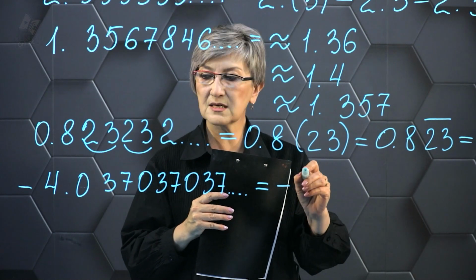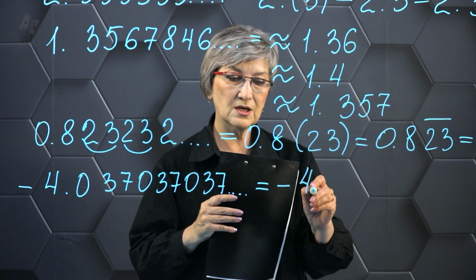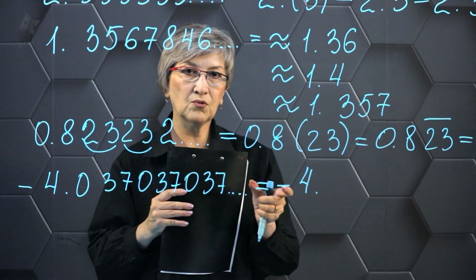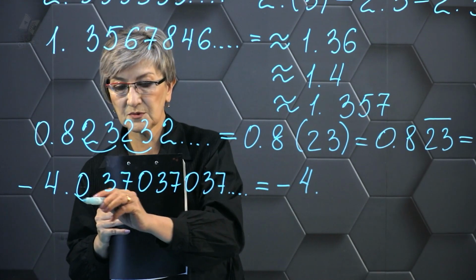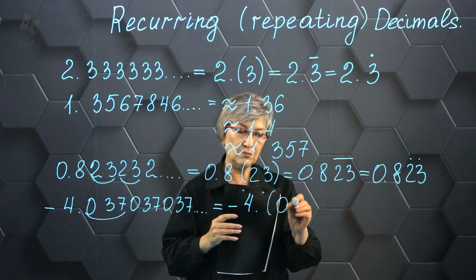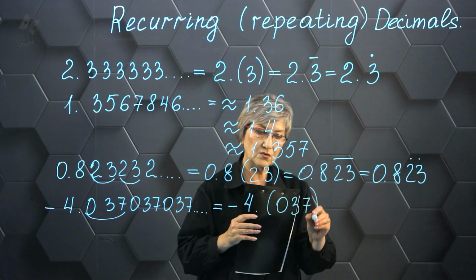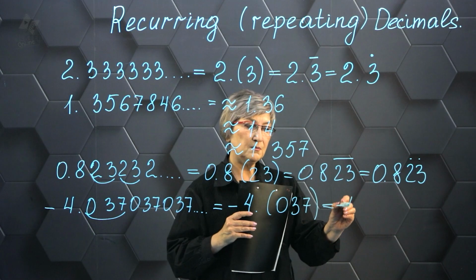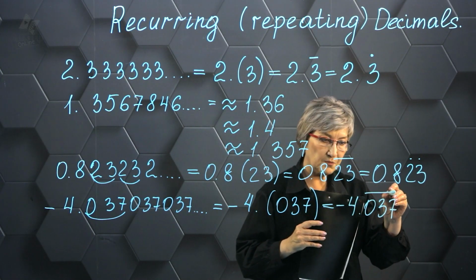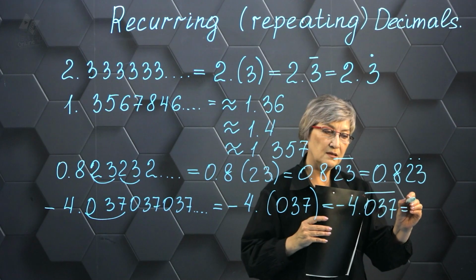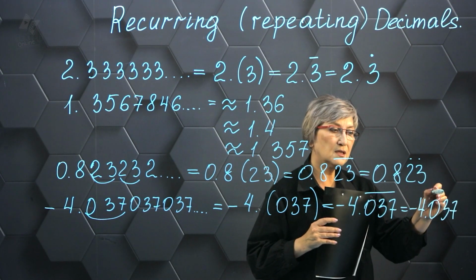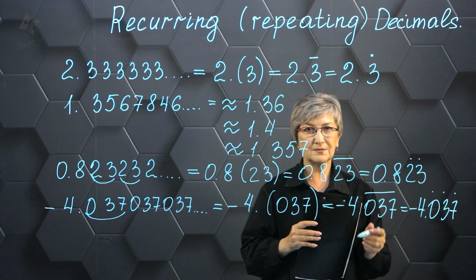I write down -4 integers, and then I notice which set of digits is repeated, and in this case it's 037. So I write that set of digits in parentheses, or minus 4 whole numbers, 037 in the period, or minus 4 whole numbers, 037, and I put dots over them.